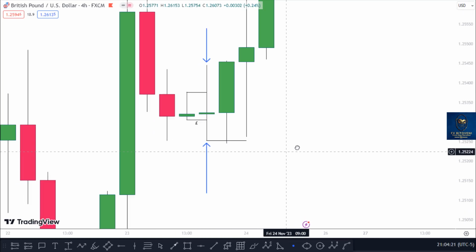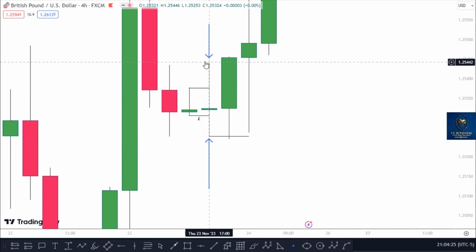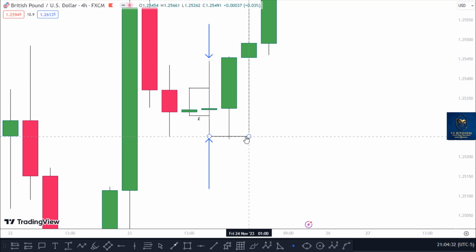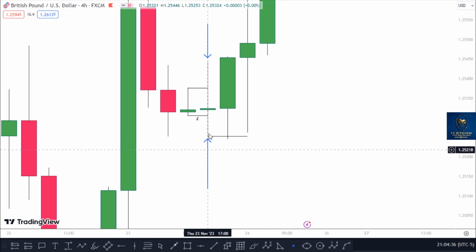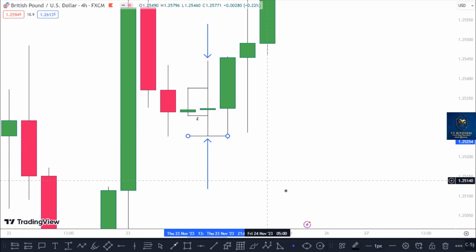After being taken, as you can see, market went higher and broke this high with a clear body, a strong FU. A strong manipulation is formed on this area. So you mark this level as your liquidity level that was taken.